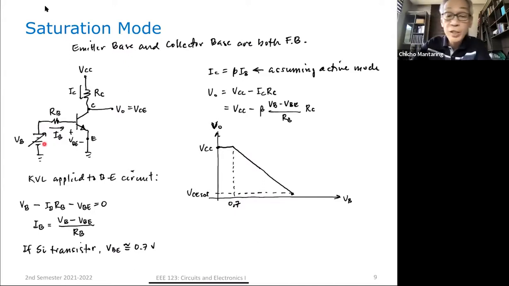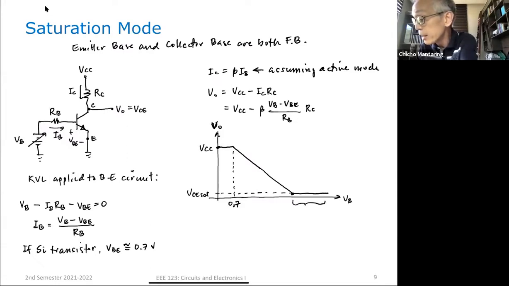Because as I increase V sub B, the value of IB is going to increase. This is not going to become any smaller. That is going to stay now constant. And this is now what we say the transistor is saturated.